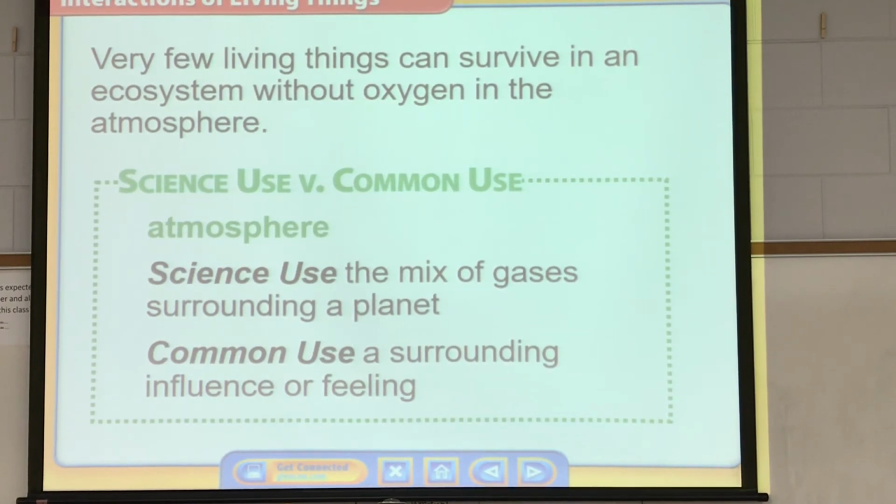That's what we need water for, and oxygen allows that water to exist. Now, we also know that in photosynthesis, plants absorb carbon dioxide and give off oxygen as a byproduct, or a waste, of that photosynthesis.